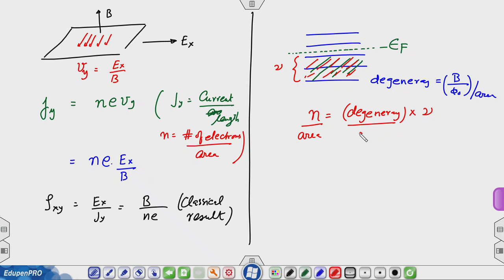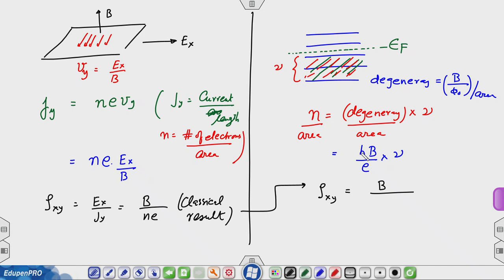So, this is degeneracy per unit area, and this gives you B h over e times nu. Substitute this in here, you get rho x y equals B over, this is e over h or h over e.